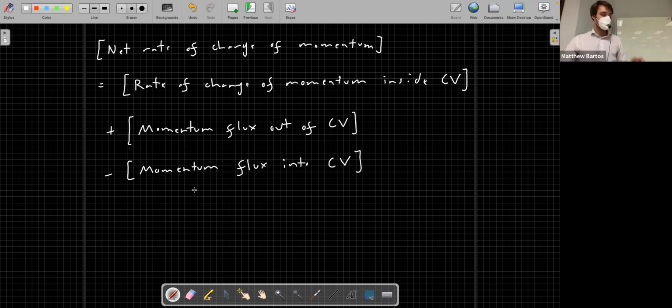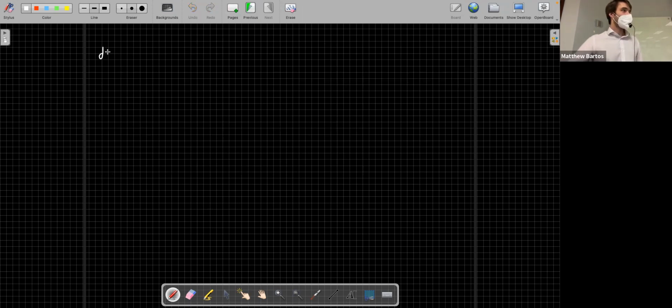Okay, so expressed mathematically, we can write this as follows. We have that the rate of change of momentum in the control volume. Let's discretize it again. Let's just look at our control volume with length delta x at a time step delta t.